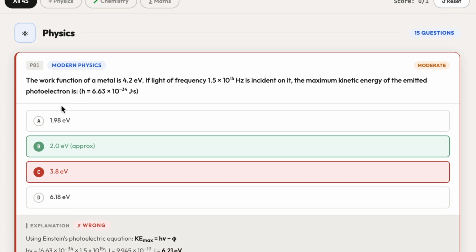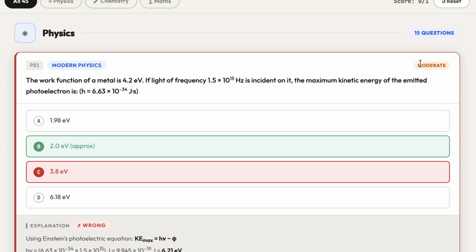So what will you get in this particular sheet? First you will get the question, then the topic this question belongs to, and the difficulty level of the question, on how difficult it is, and based on that you can analyze and spend time on it.